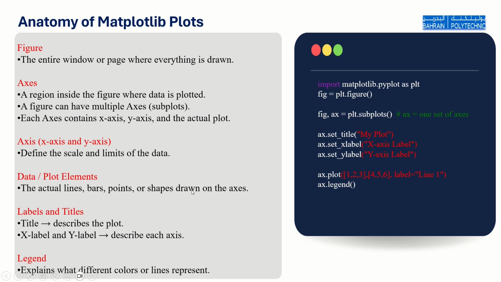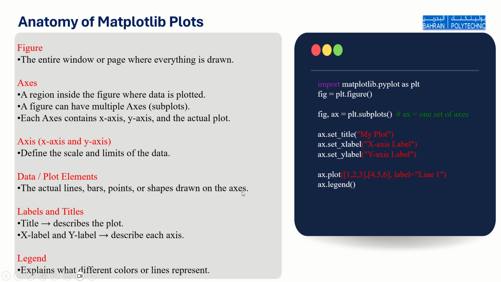So this is the anatomy, in the sense of how a plot will look. The first one you have to keep in mind is that you have a figure. One figure will be there, and in the figure you will have axes. Axes are like your subplots, and then comes the main axis, the x-axis, the y-axis, and all that information.